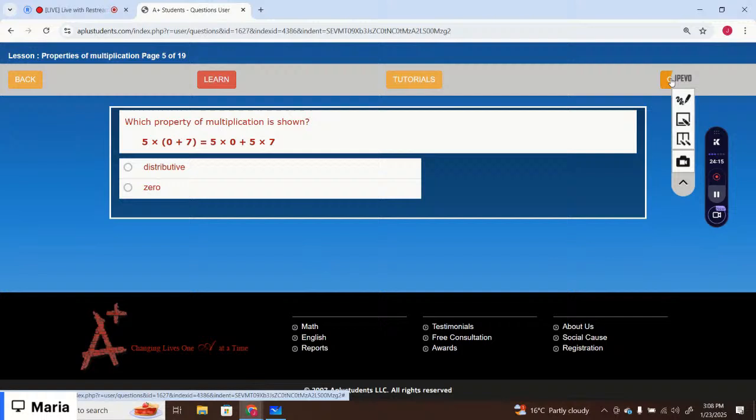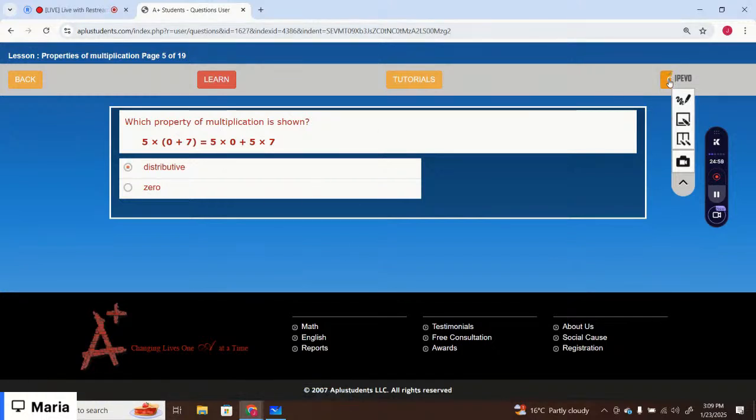Which property of multiplication is shown? 5 times 0 plus 7 equals 5 times 0 plus 5 times 7. That is distributive property.